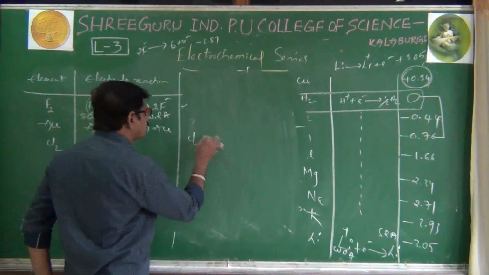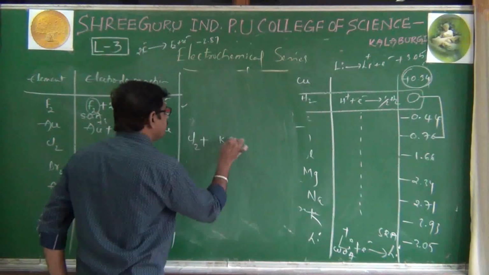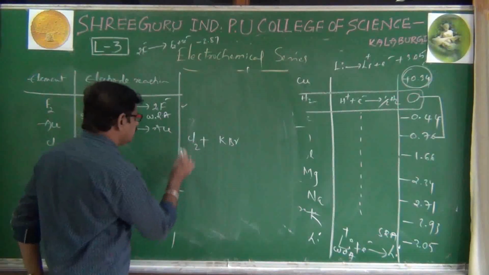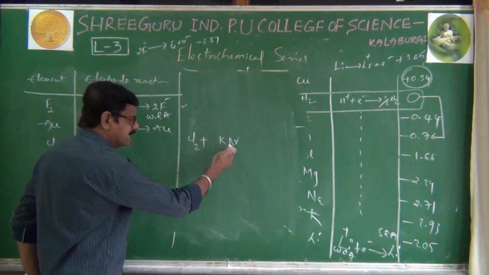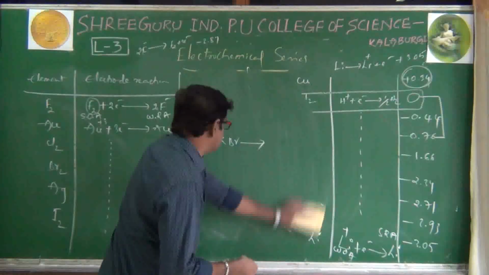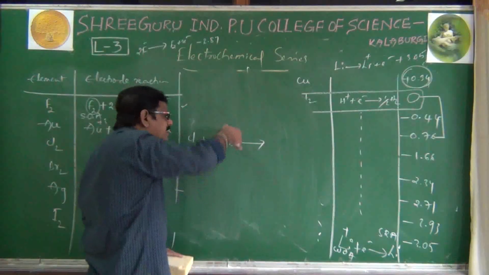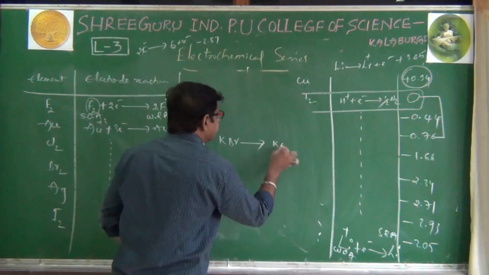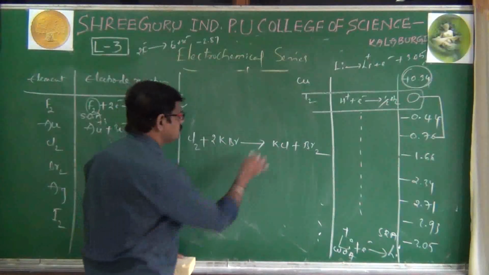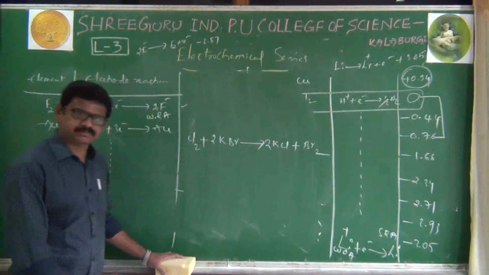When Cl2 is reacted with KBr solution, chlorine is above because its SRP value is more, and bromine's SRP value is less. Then both are reacted to each other. Now chlorine will come and remove bromine, and you will get KCl plus Br2. Of course, balancing, 2 and here also we write 2.